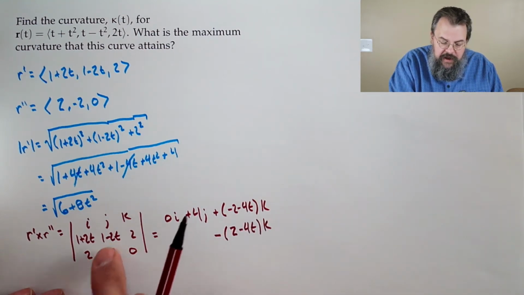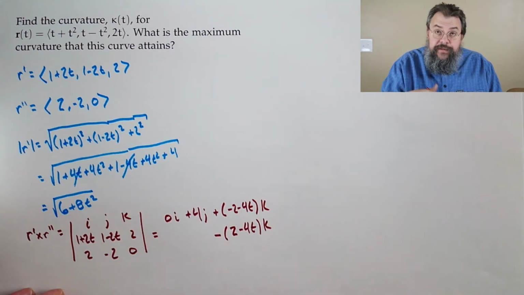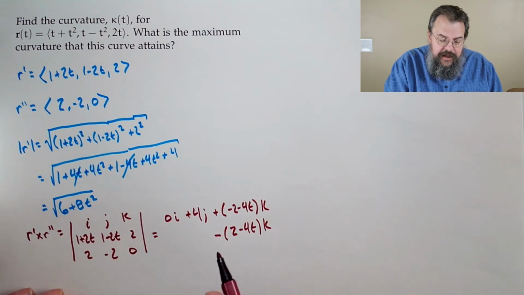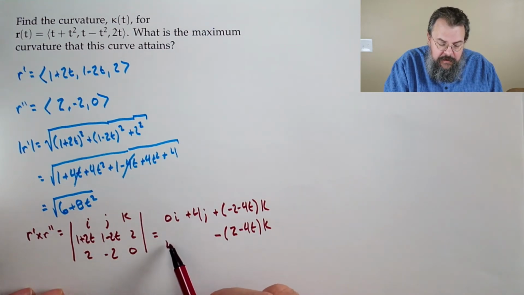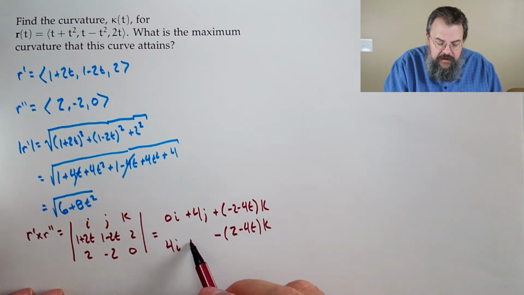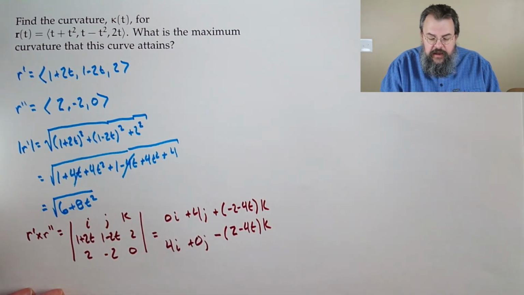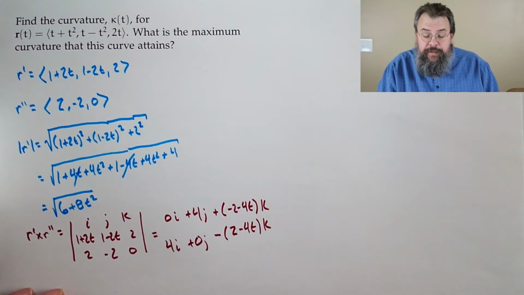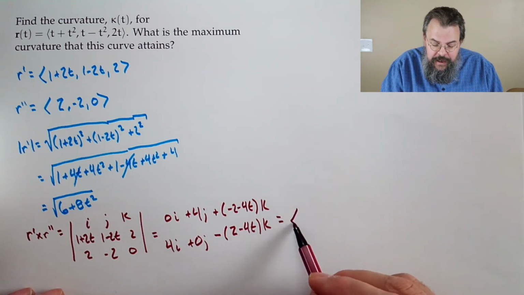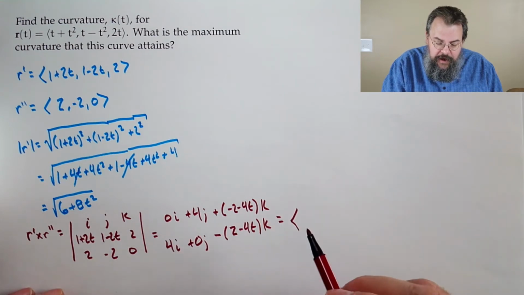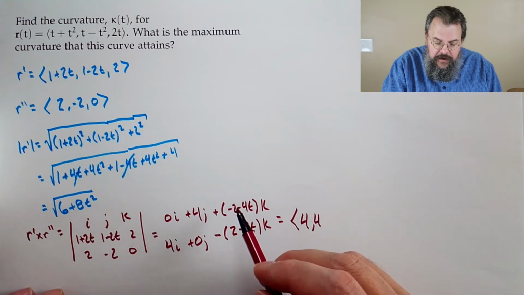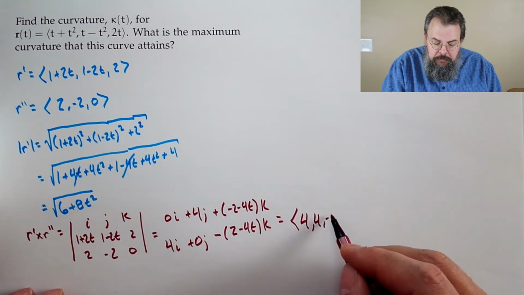Because this is 2 minus 4t, but we have to subtract because of the direction we're going. Minus 2 times i, well, that would be minus 4i, but we subtract, so it becomes a plus 4i. 0 times something plus j makes 0j. Now, if you look, what happens? Something beautiful happens. We get a really beautiful cross product. We get 4, 4, and minus 4.